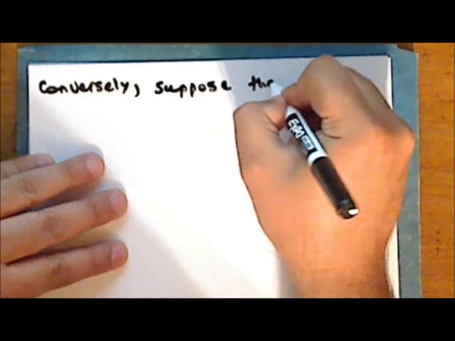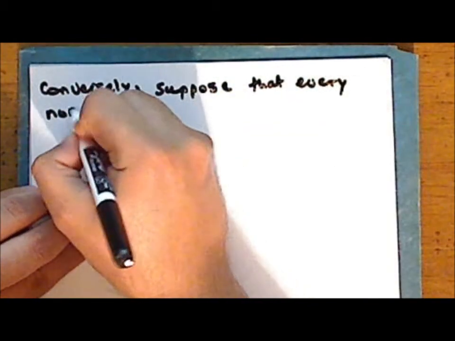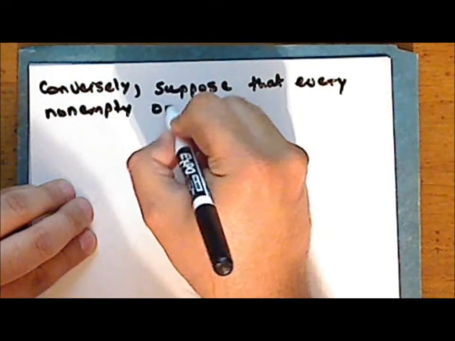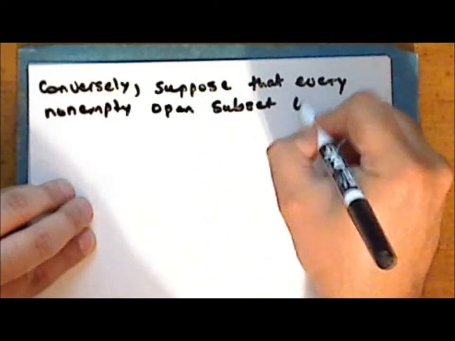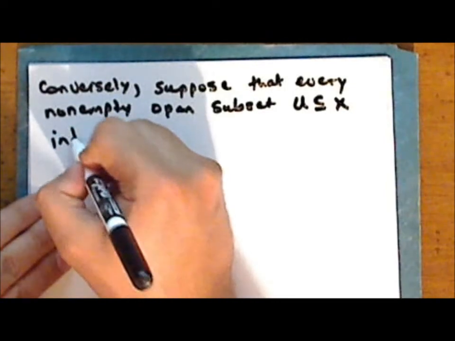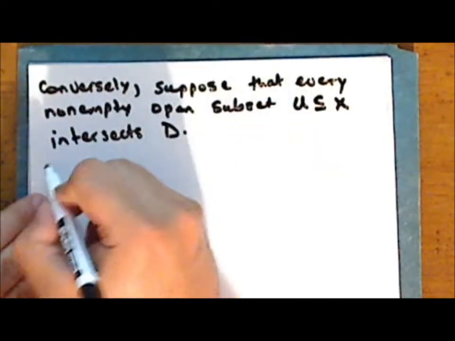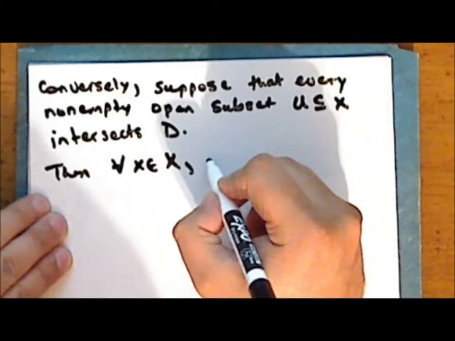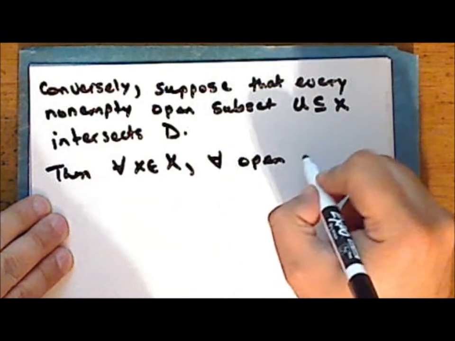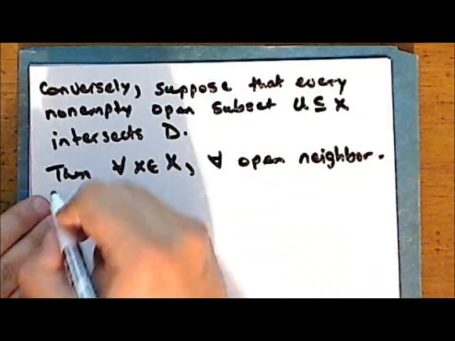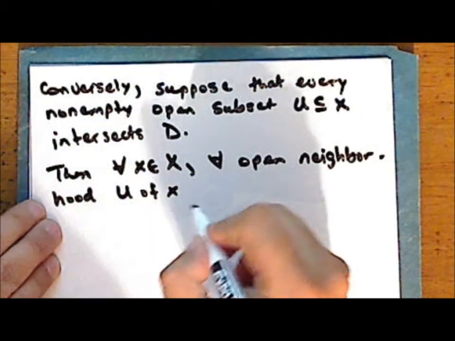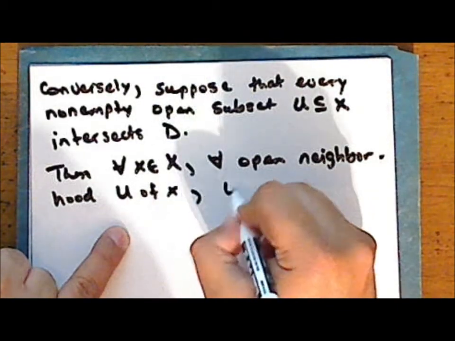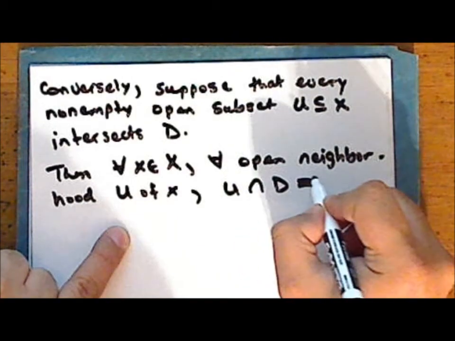So conversely, suppose that every non-empty open subset U of X intersects the set D. Then, for every point in the space, every open neighborhood U of x, which is a non-empty open subset, the intersection of that neighborhood with the set D is not empty.